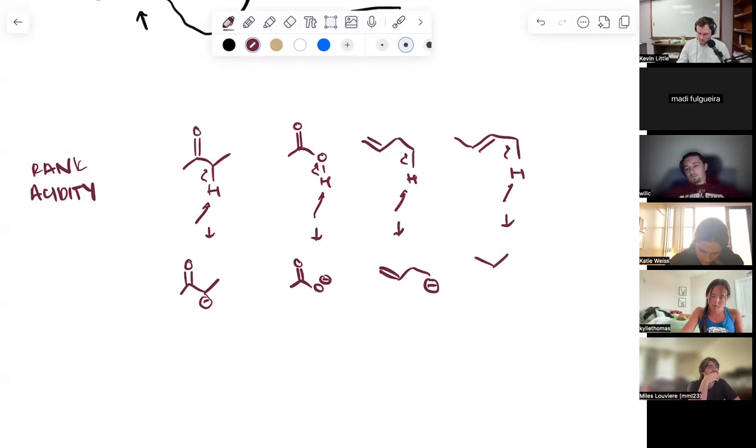This conjugate base looks like this. Do we agree? Yes. So that's what I want you to do first. Draw the conjugate base out. Then we have to think about the factors that stabilize these charges.